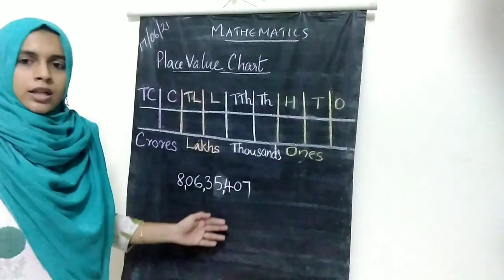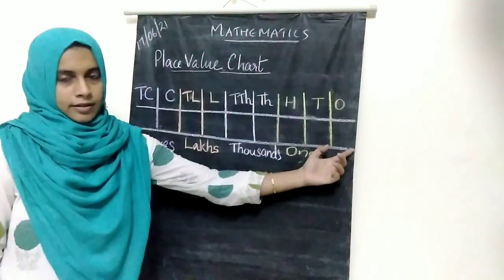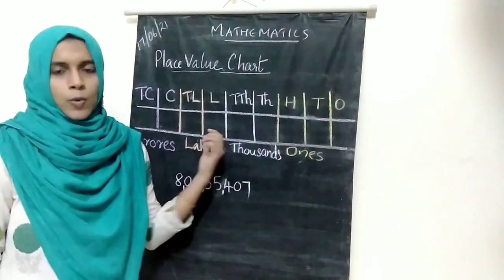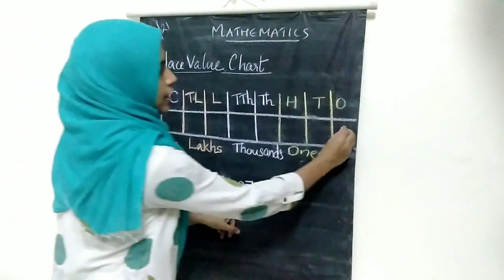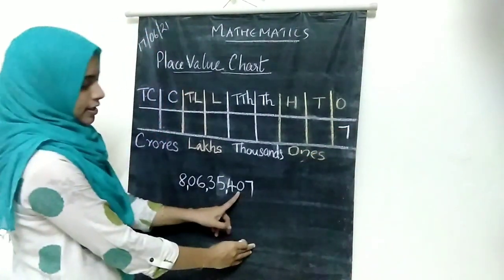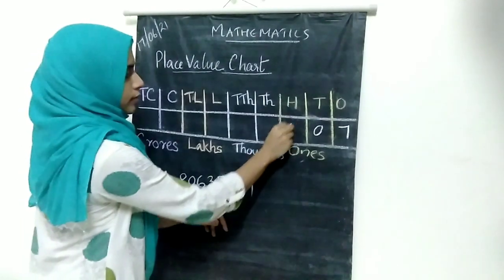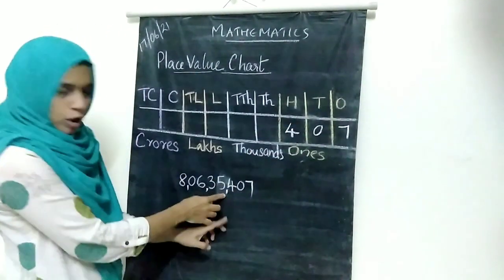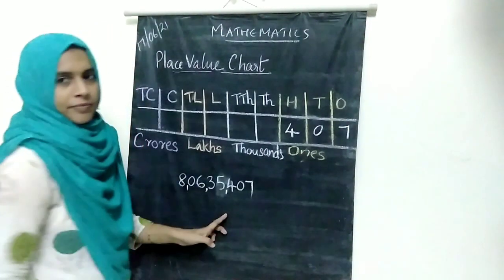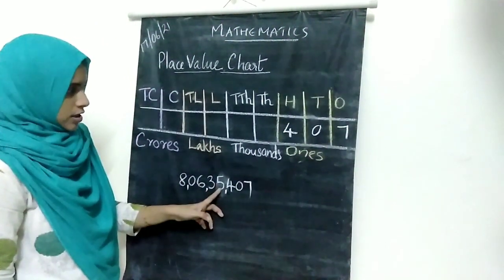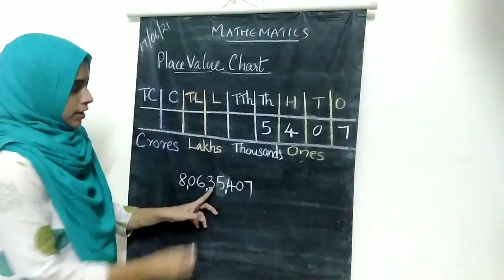If you are arranging the number in place value chart, you should start from this side, because we are counting from 1's, 10's, 100's. So, I can write 7, then 0, then 4. Then we have put comma now. So, 1's period is completed. Clear children? Now, next number 5. Next number 3.